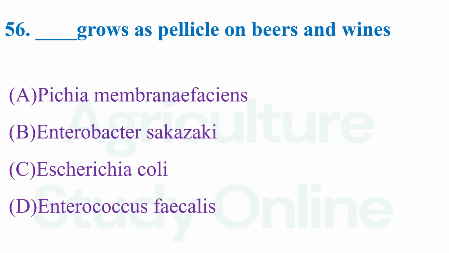Question number 56. Dash grows as pellicle on beers and wines. So it is Pichia membranifaciens. So it's a film forming yeast.